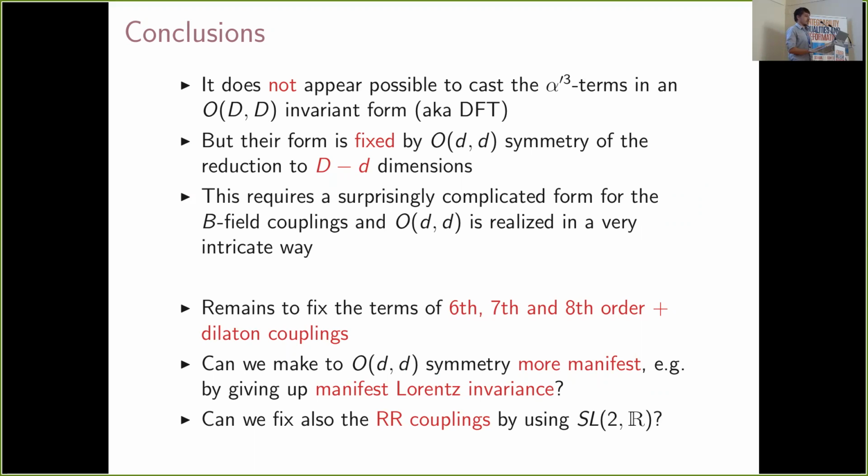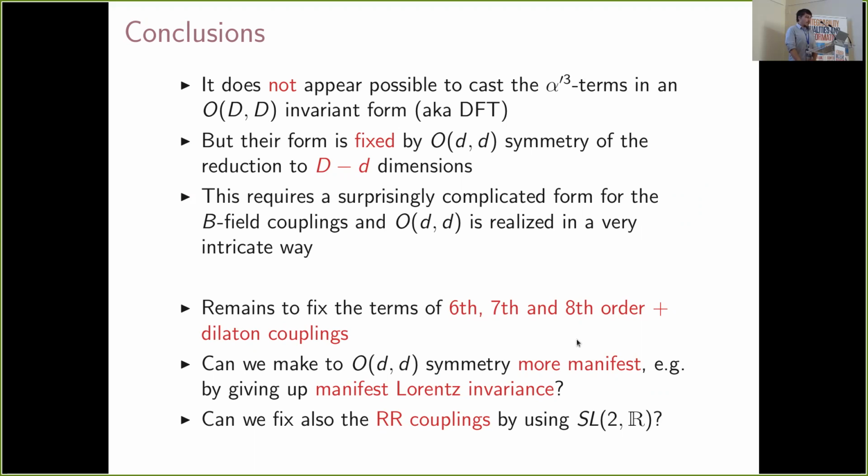That symmetry has to be there, and it seems like it completely fixes the result. But it requires a surprisingly complicated form of the B-field couplings, as we saw. And the O(D,D) symmetry is realized through some very intricate cancellations between these different non-invariant terms.